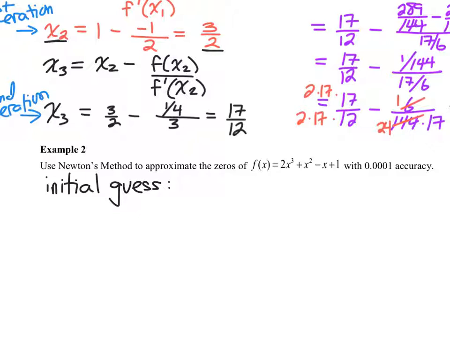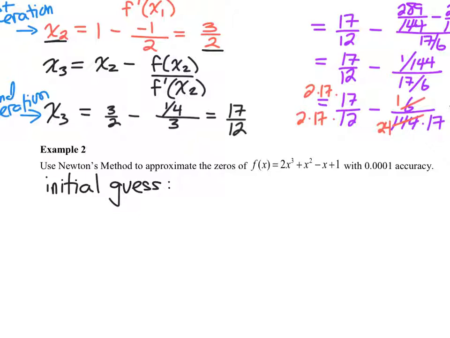So if you have, let's say, a 5th degree polynomial with upwards of 5 possible solutions, you might get dragged to the same solution over and over again depending on your initial guess. So when in doubt, choose a positive value, choose a negative value, and then sprinkle in a couple of arbitrary values. I'll throw in a 10, and then hit enter, and keep hitting enter, and so on.